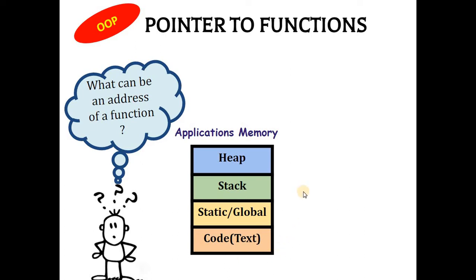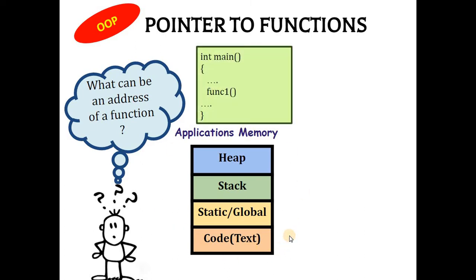Consider the application memory, inside which I write int main, and inside main I call a user defined function, function 1, which has a different memory address. Let us consider that the code, that is the text part, is assigned memory locations from 100 to 126.